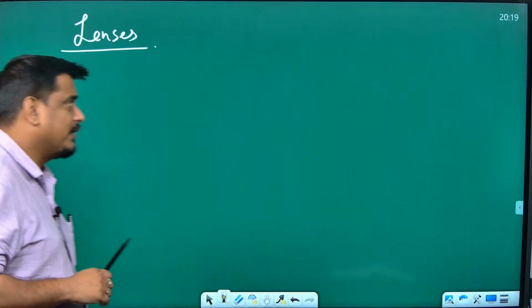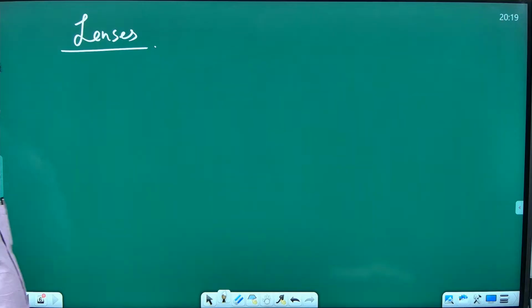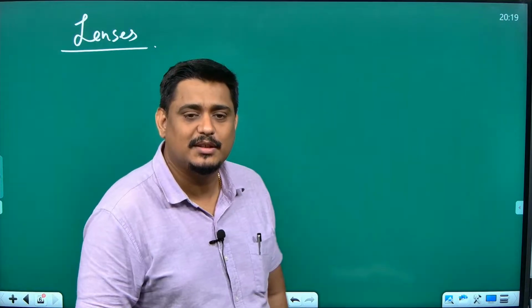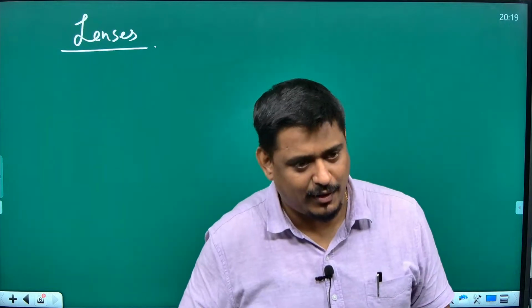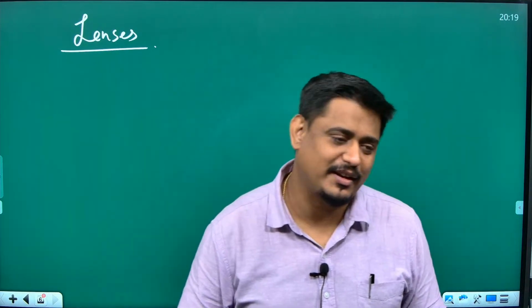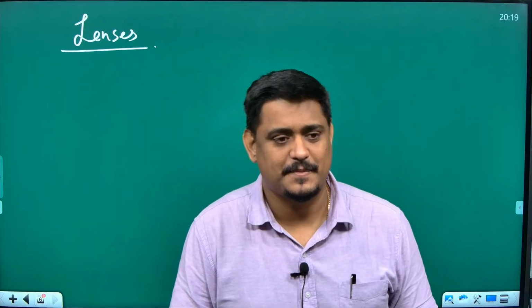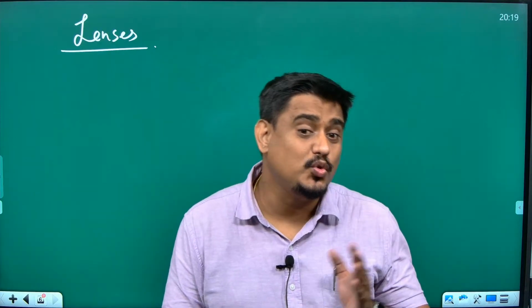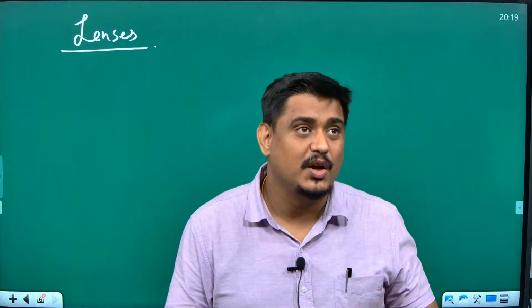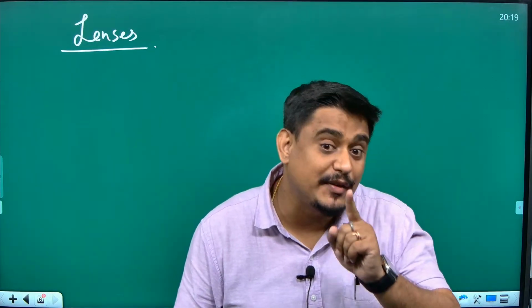Basically, there are many types of lens. If I ask you to define lens, how will you define lens? You cannot define it that way, right? The correct definition is, it is comprising of two transparent mediums, one of which must be spherical. Remember that.